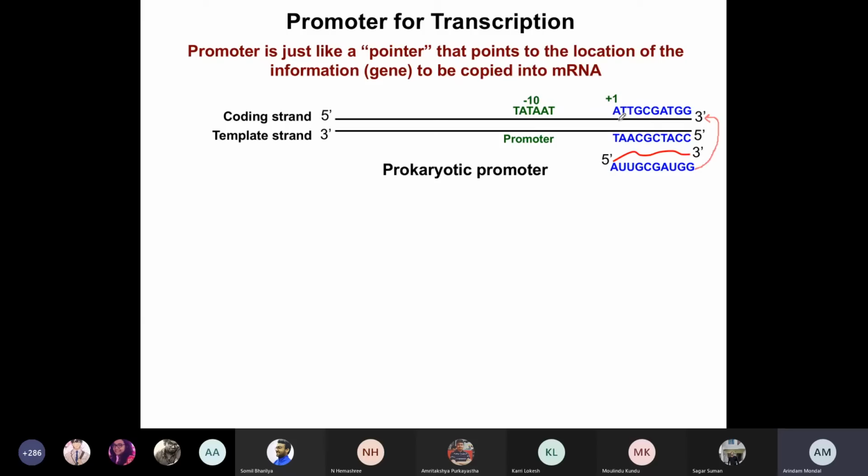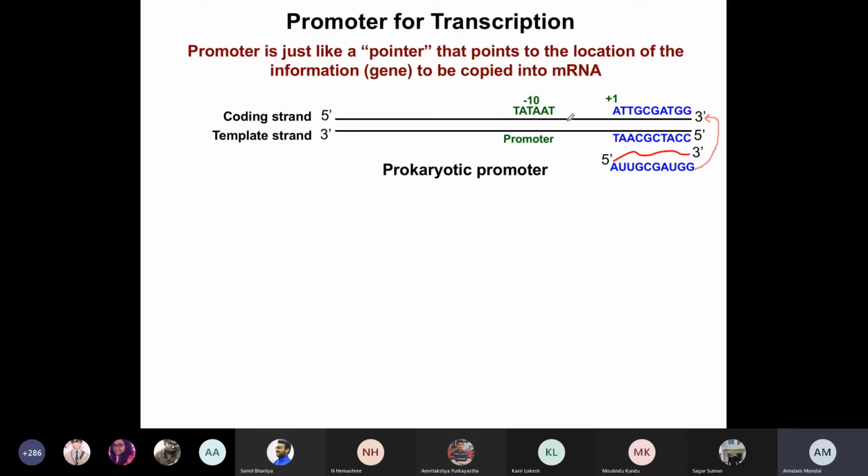The particular nucleotide from where the transcription begins is designated as +1. At the -10 position, you should be able to find a sequence which actually gets recognized by the RNA polymerase. Here you see this is the +1 and subsequently the upstream nucleotide will be 0, and at the -10 position you should be able to find a promoter sequence, and this promoter sequence will specifically be recognized by the RNA polymerase or DNA dependent RNA polymerase.